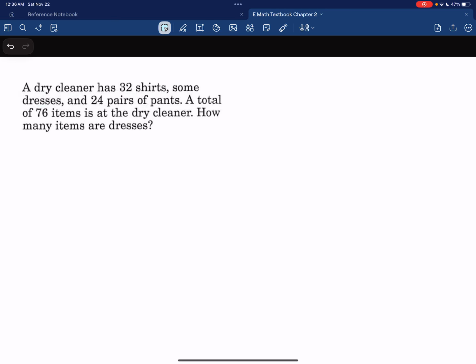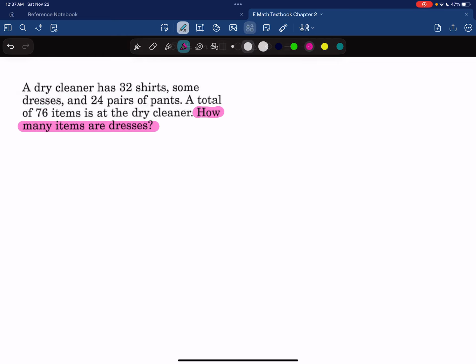A dry cleaner has 32 shirts, some dresses, and 24 pairs of pants. A total of 76 items is at the dry cleaner. How many items are dresses?